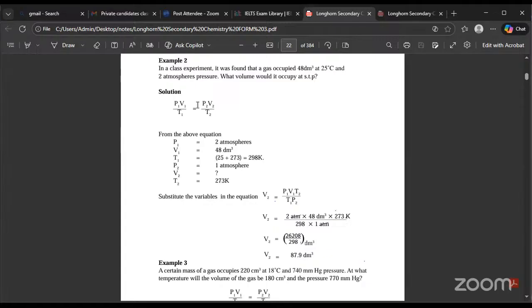How did you solve yours? Did you use the 1 atmosphere? I used the 1 atmosphere. So you knew how to convert it to P2? Yes.